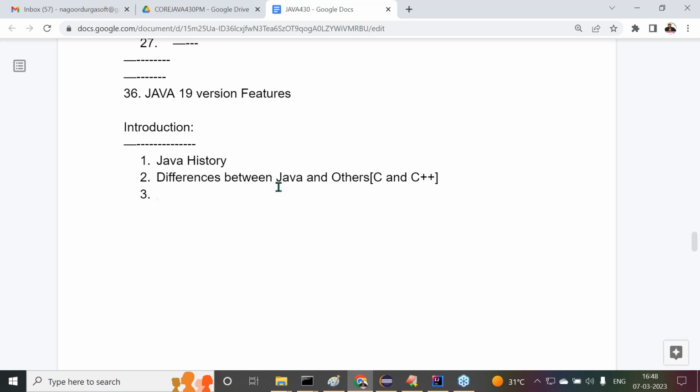The third topic is Java features. After this, Java naming conventions. After Java naming conventions, another one is Java programming format. These are the topics we are having.